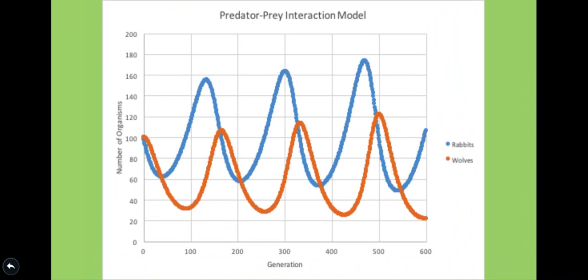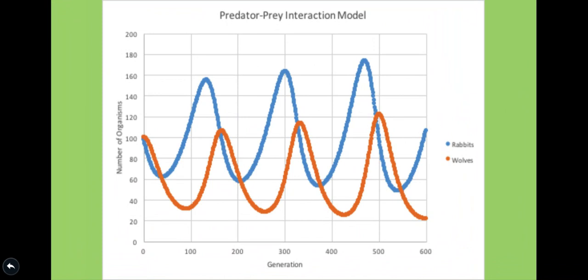So the wolves are beginning to have to compete for a smaller number of rabbits. And what this means is that some of the wolves are going to lose out. In fact, what we probably considered in the last video is that competition is negative for all involved. So the population of the wolves begins to decline, and it declines along with the rabbit population for a short period of time.